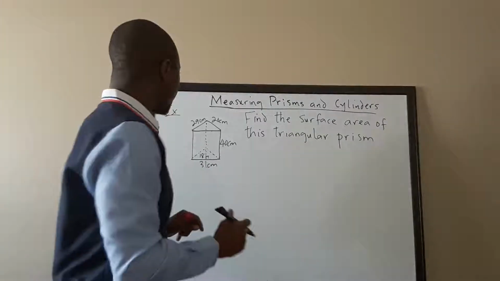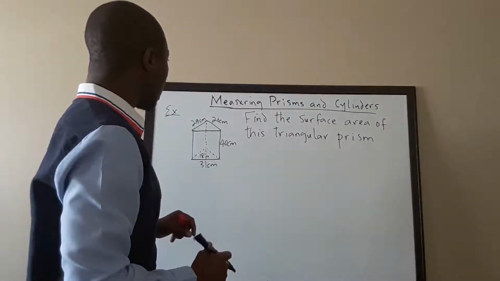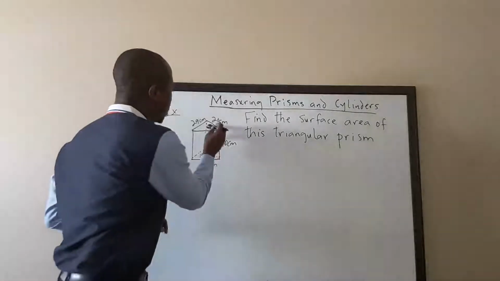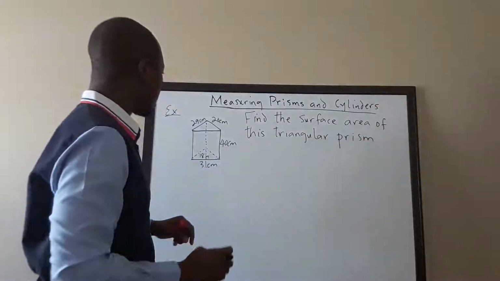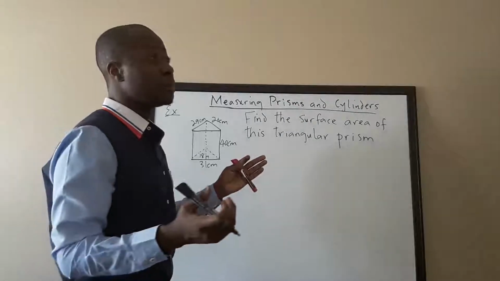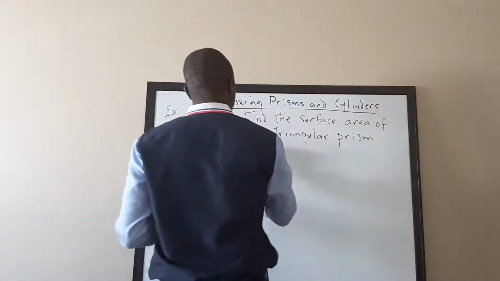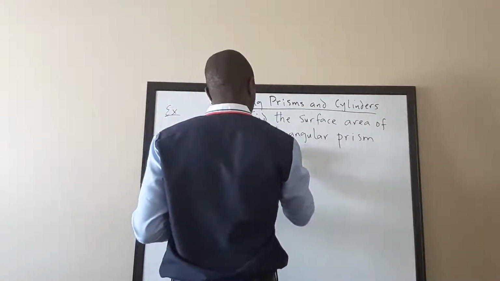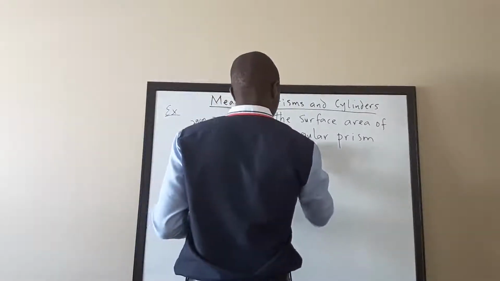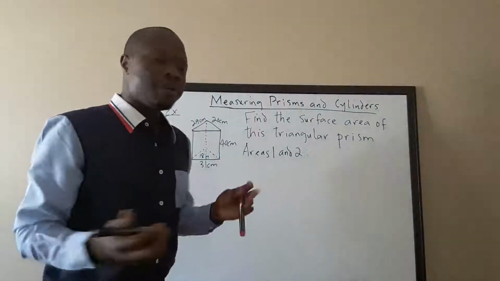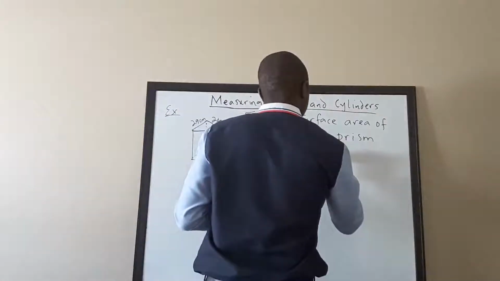So I'm going to start with the two triangular faces. I'm just going to call those areas 1 and 2. Now the area of a triangle is half base times height.